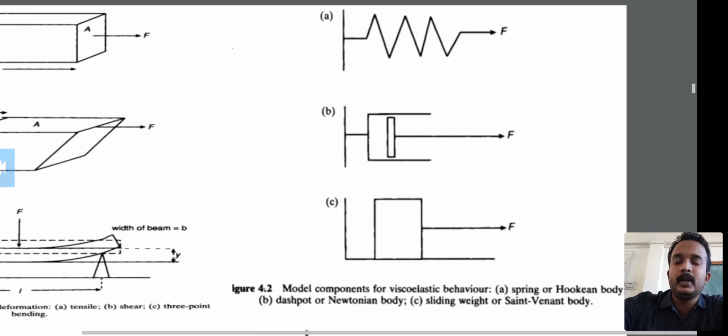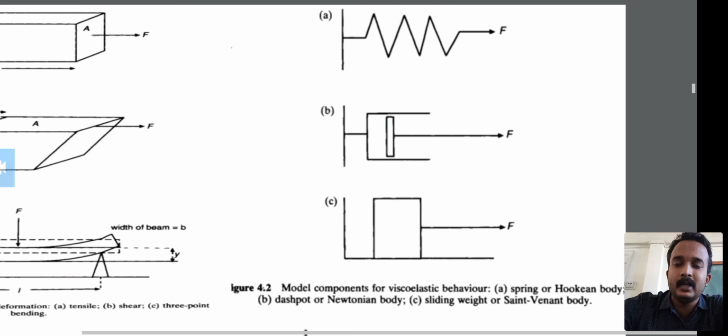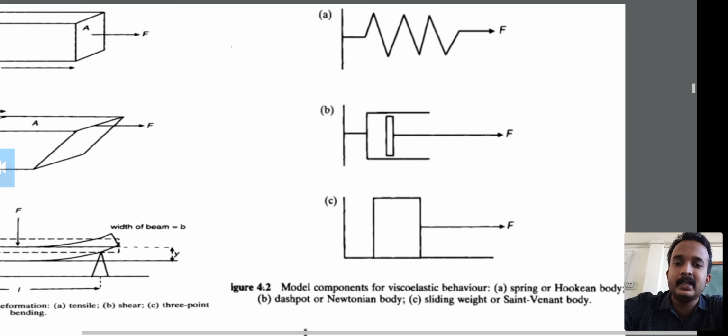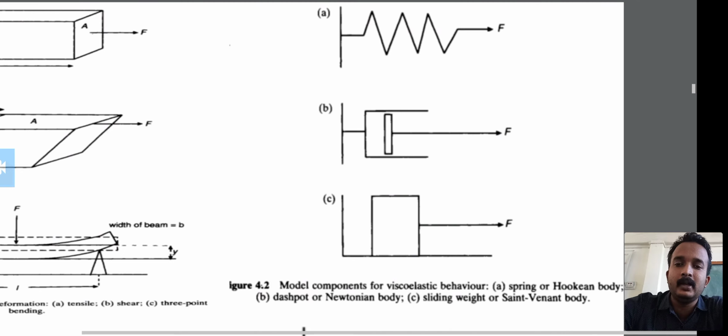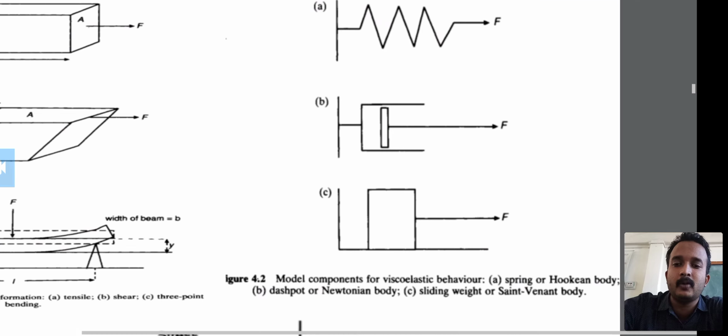You have to stress this spring, therefore its tension is high, and then you have to relieve this tension, so it is another replacement for this stress. That is, when you stretch the spring and then release it, the spring returns to the same position. Okay, this is the spring of the Hookean body.